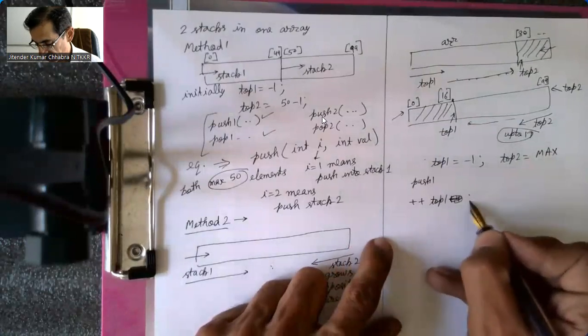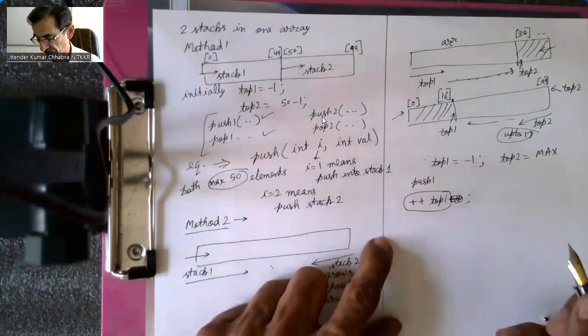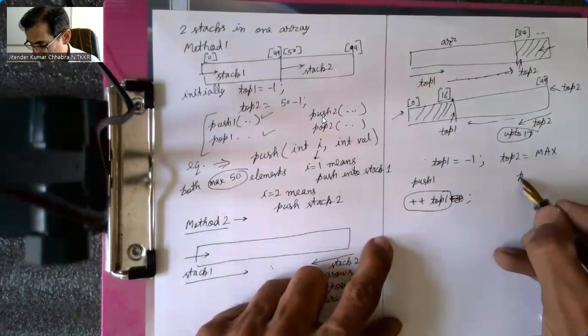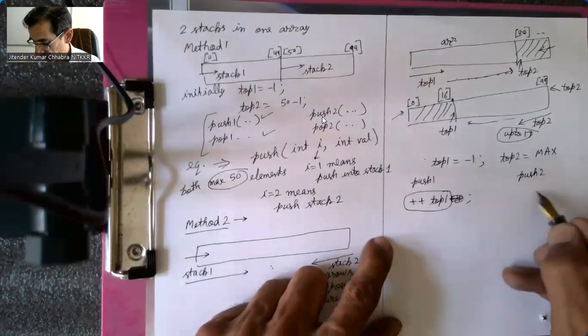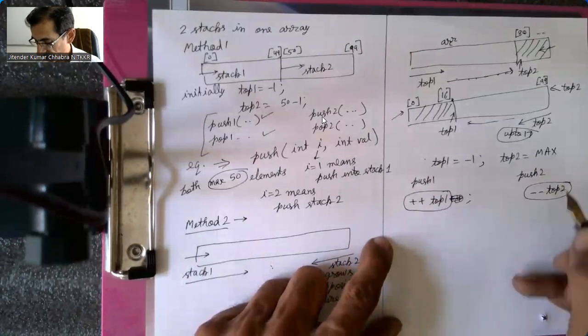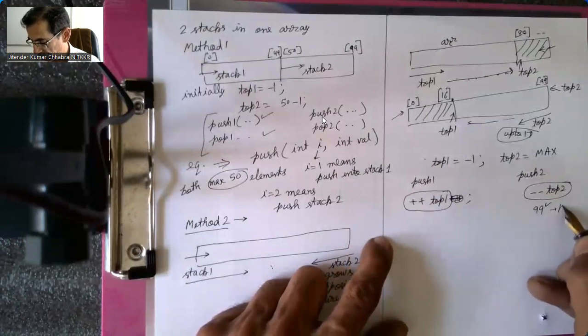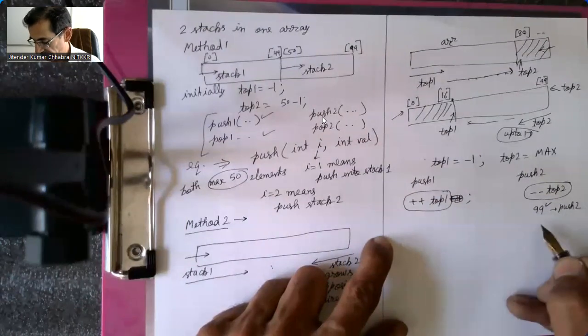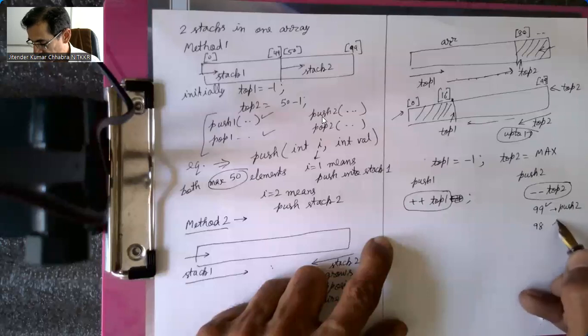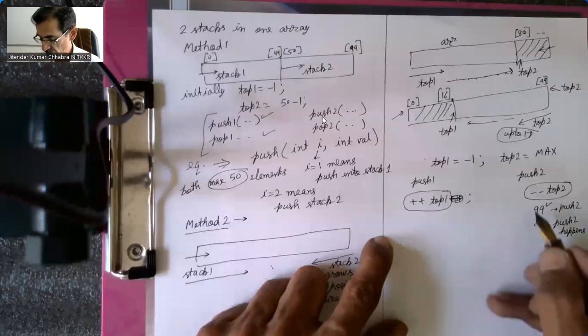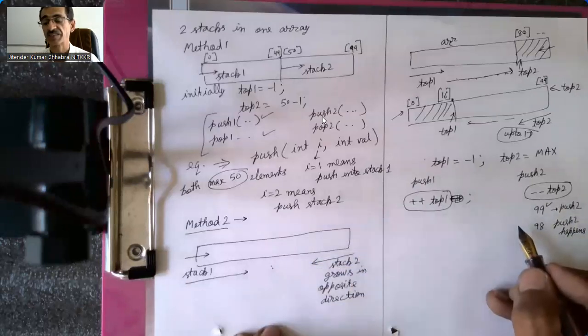We will probably be using plus top 1. But for push 2, we will be doing minus top 2. First time top 2 is max 100, so it will become 99 first time, and push will happen. Next time it will become 98 and push 2 will happen, and so on. So both can work simultaneously.